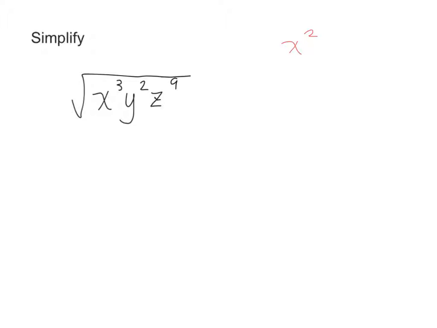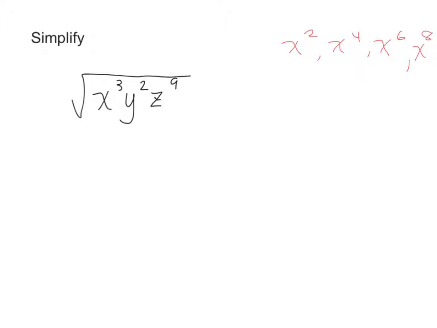X to the 4. X to the power of 4 is a perfect square. What's the next one? X to the 6. X to the power of 6 is the next one. And then the next one would be x to the power of 8. And then x to the power of 10.